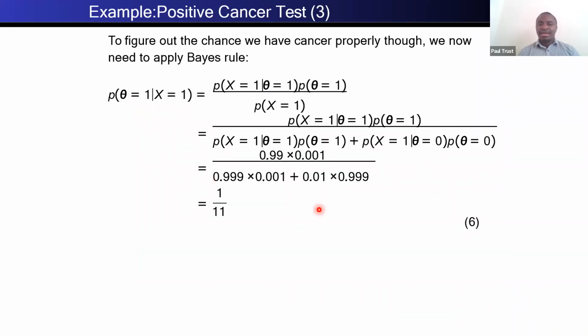So the probability of theta equals 1 given x equals 1 becomes the probability of x equals 1 given theta equals 1, times the probability of theta equals 1, over this.